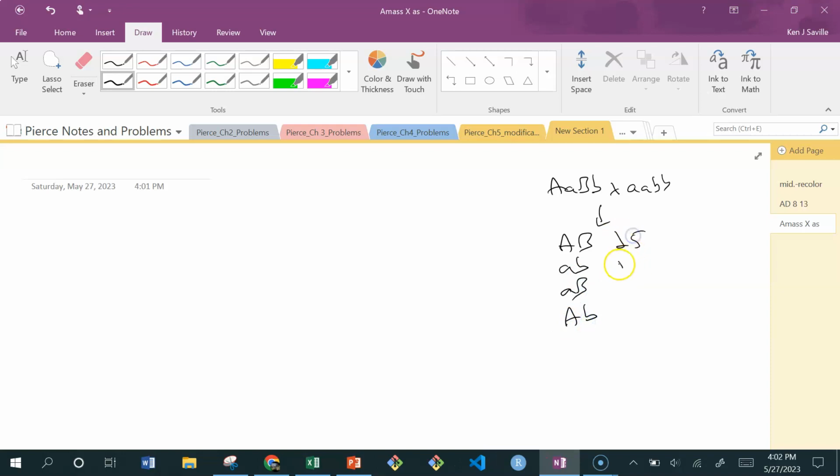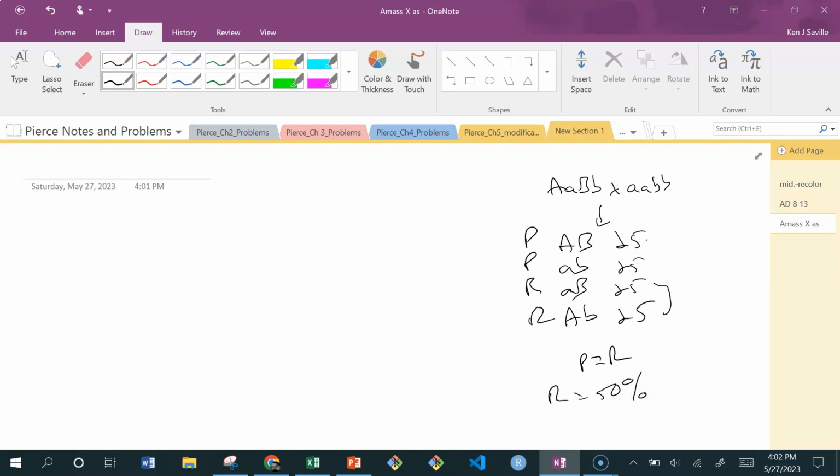And if it's 25% of each, now we don't really know what the parentals are and the recombinants in this case because everything's the same. So we know that the parentals equal the recombinants. But let's pretend that we know, and that these are the parentals and these are recombinants. What this tells us is that the recombinants equal 50%.